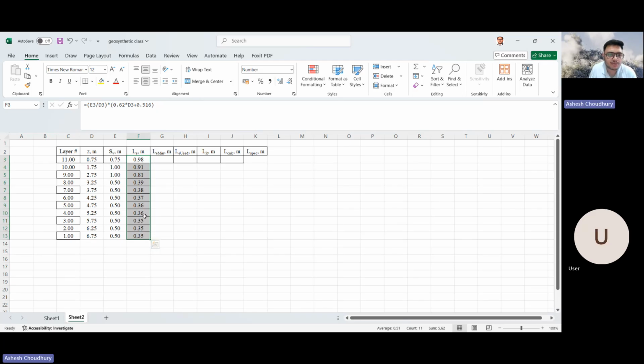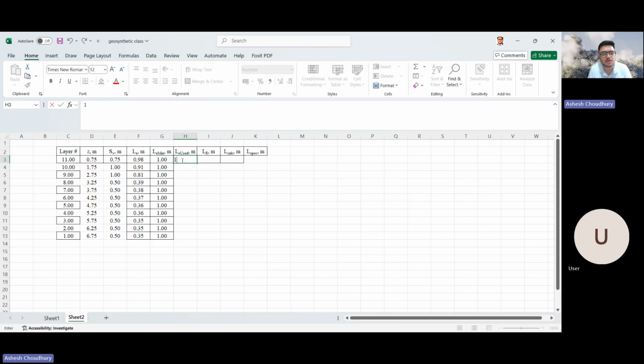Okay, so these are the L_E values. But after this, the minimum measurement you have to give is 1 meter. So between these, which is maximum, everywhere we have to give at least 1 meter.